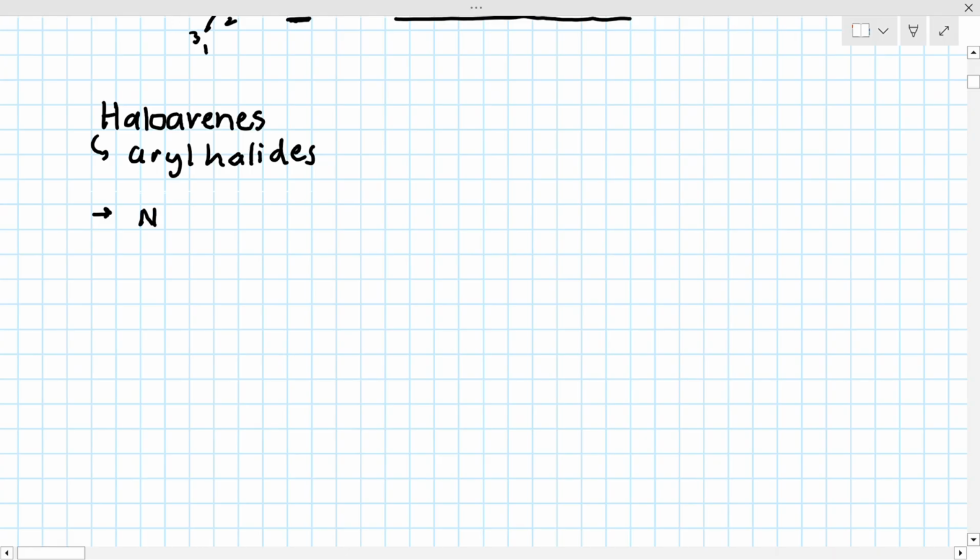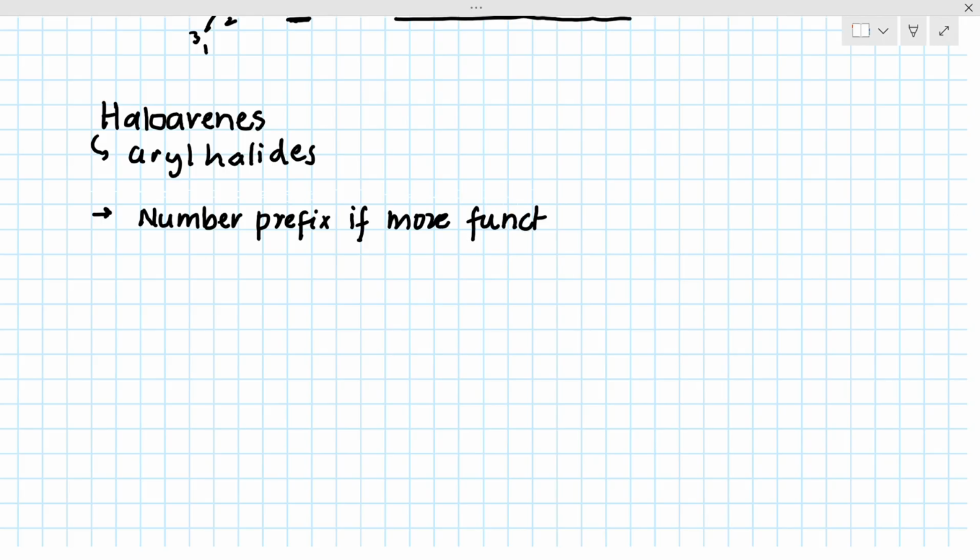You should give number prefixes if more functional groups are attached, or else it's okay.